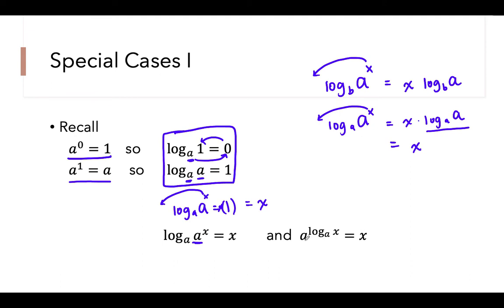Next, another one: if you were to have a logarithm in an exponent with the same base, a to the log base a of x, it's going to equal x. Same idea. If you bring x to the front, a to the log base a is going to be 1.